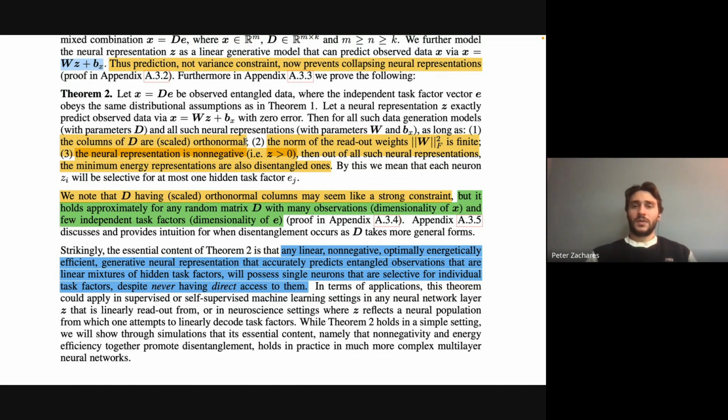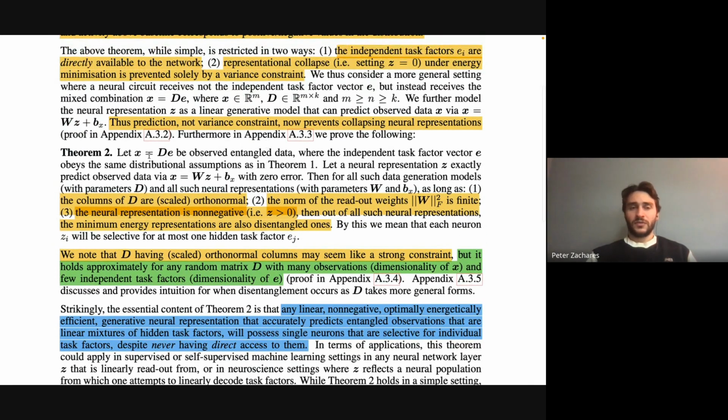Well, maybe this will help answer your question. One of the assumptions they make is that the columns of D are scaled and orthonormal to each other. So they're assuming that the mixture that results in X is a mixture of a set of orthogonal vectors, essentially.